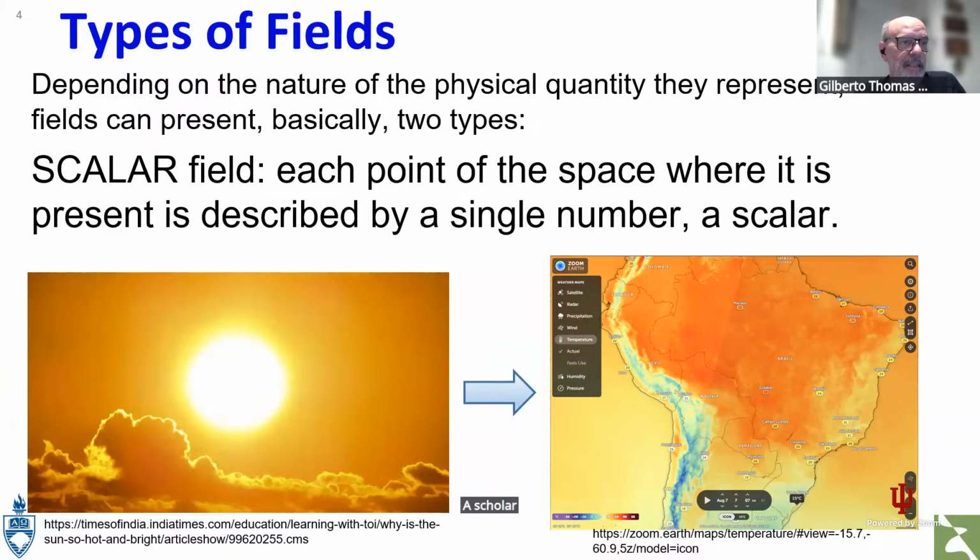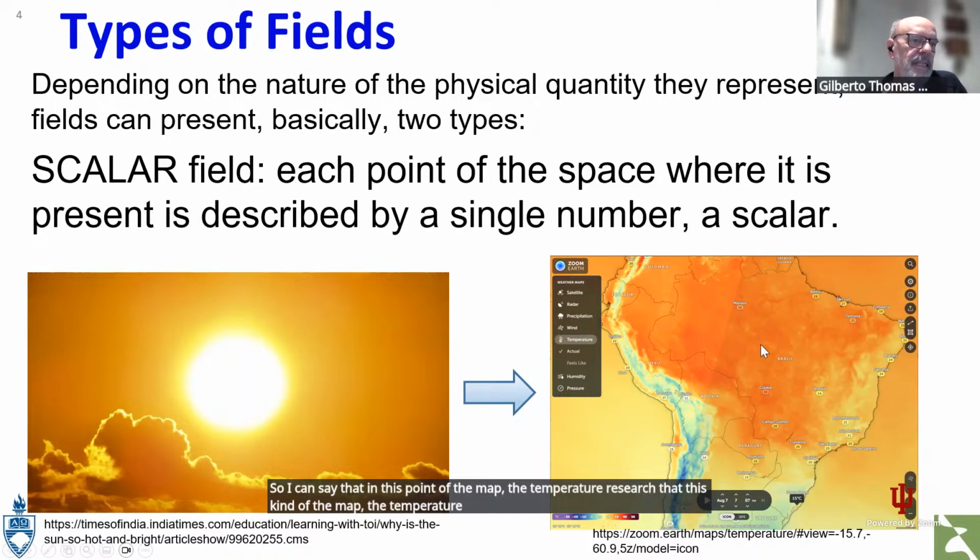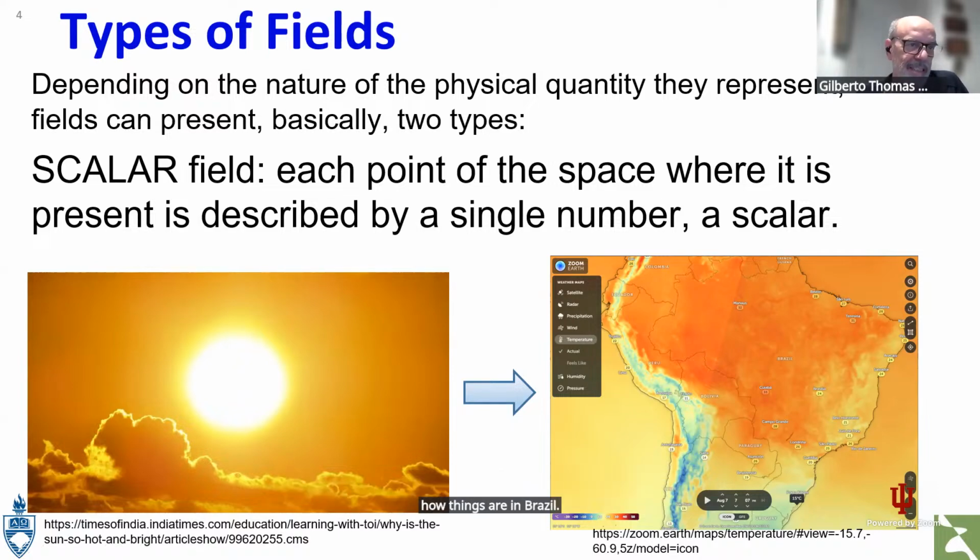So I can say that in this point of the map, the temperature is such, and in this other region of the map, the temperature is another one. And that's it. You can understand perfectly how things are in Brazil, for example. The weather in Brazil is like that, hot. Okay? This is an example of a scalar field, only a number to describe.